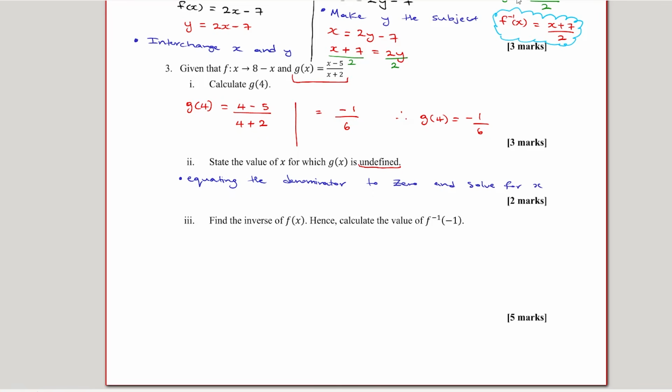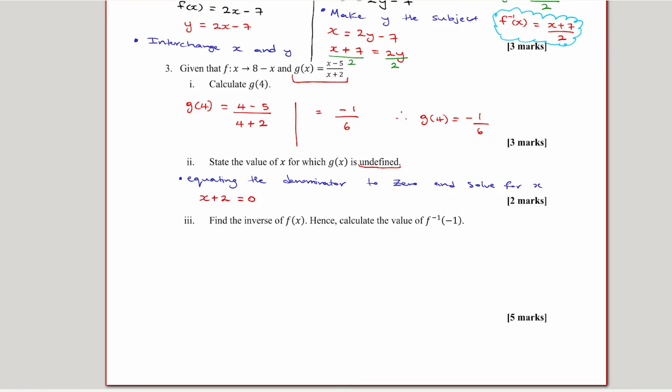So we can simply equate the denominator to 0. So remember, we're looking at the g of x function. So let's analyze this g of x function up here. The g of x function is x minus 5 over x plus 2. So we take the denominator of that function, which is x plus 2, and we equate it to 0, because we're trying to find what x value we cannot use here.